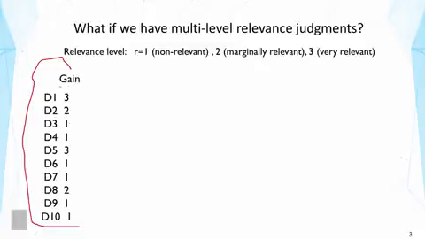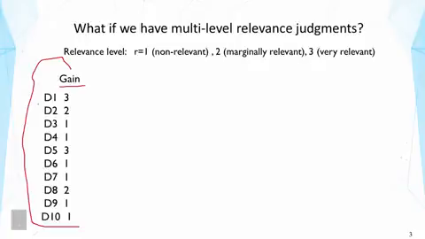And we call these gain. The reason why we call it gain is because the measure that we are introducing is called NDCG, normalized discounted cumulative gain. So this gain basically can measure how much gain of relevant information a user can obtain by looking at each document.